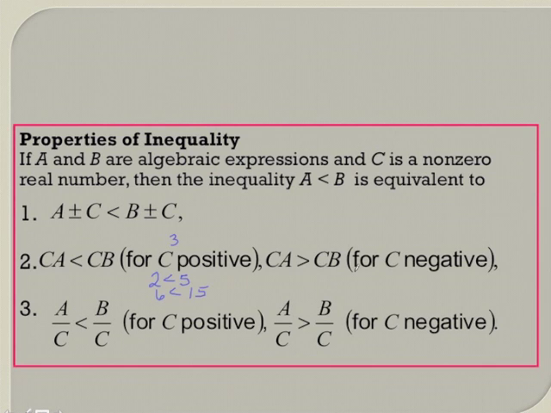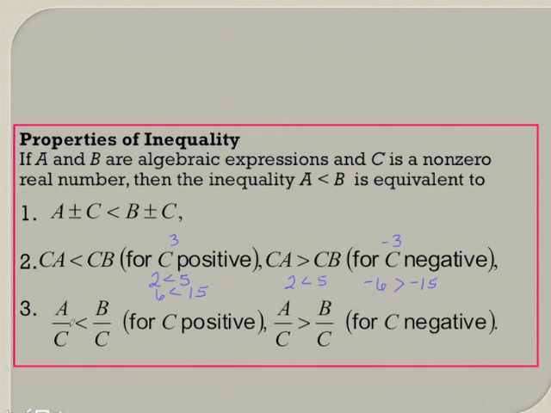That is still true. But what if we multiplied by negative 3? We started with 2 is less than 5. And we multiply by negative 3, we'll have negative 6 and negative 15. And we know that negative 6 is larger than negative 15.